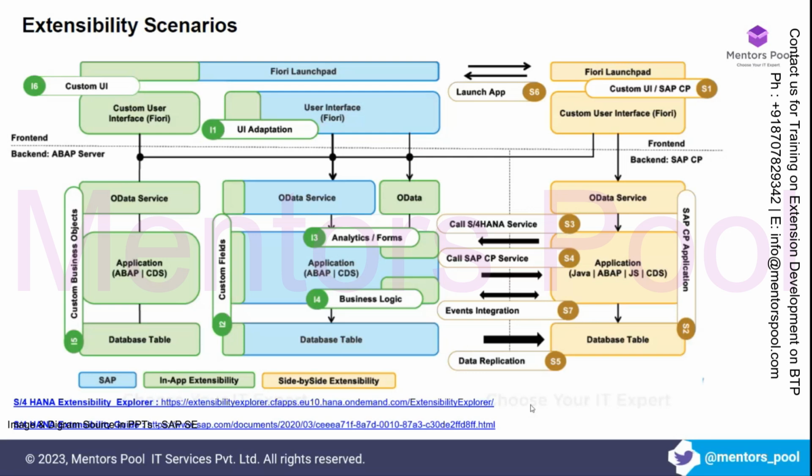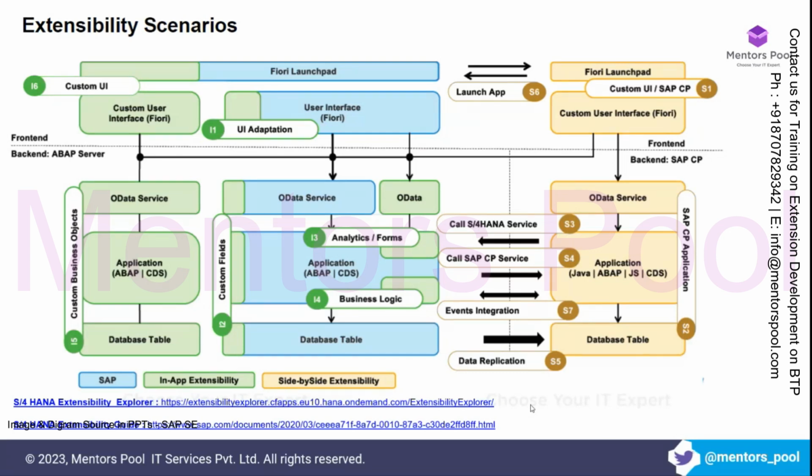We can do side-by-side extension though on all these layers. We can create a side-by-side extension on the database layer, although we'll have to do data replication at that level. We can do side-by-side extension at the application layer, or we can create custom fields. We can add fields, we can add our logic.